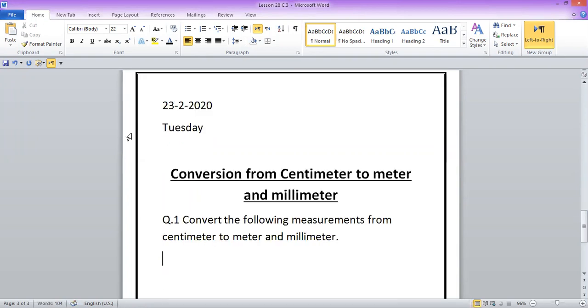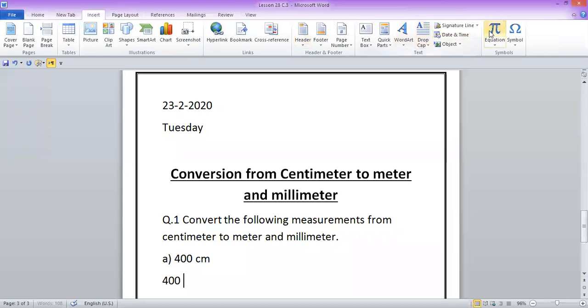So this is very easy. I'm going to write 400 centimeter, let's suppose. So 400 centimeter, how will I convert? To convert into meter, I will have to divide.